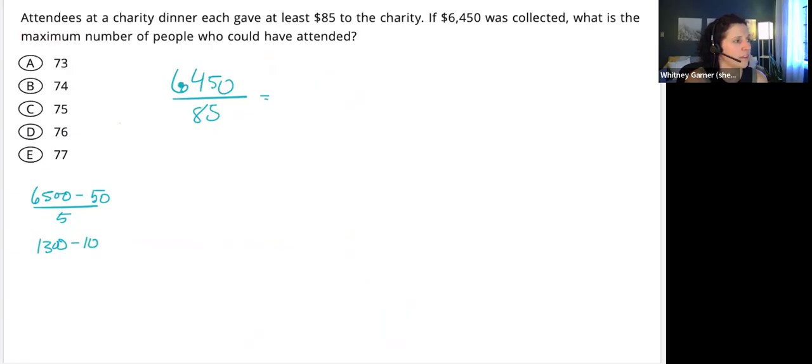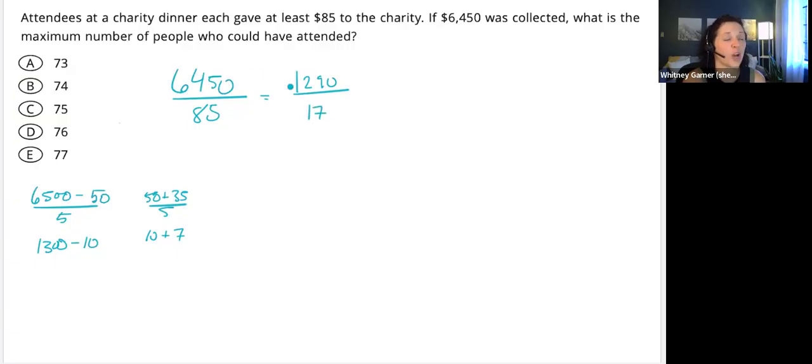So if I divide 6,450 by 5, I've got our 1,290. If I divide 85, that's 50 plus 35 over 5. So that's 10 plus 7, right? So 85 divided by 5 is 17.